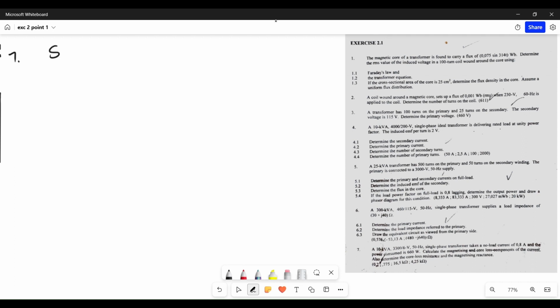Alright, remember, always write what you're given. S is equal to 10 kVA, 3300/6 volts. No load current I0 is equal to 0.8 amperes. Power consumed is 660. Remember, they say that the no load current is 0.8 amps and the power consumed, meaning no load, we know it's under a condition that is called open circuit test.